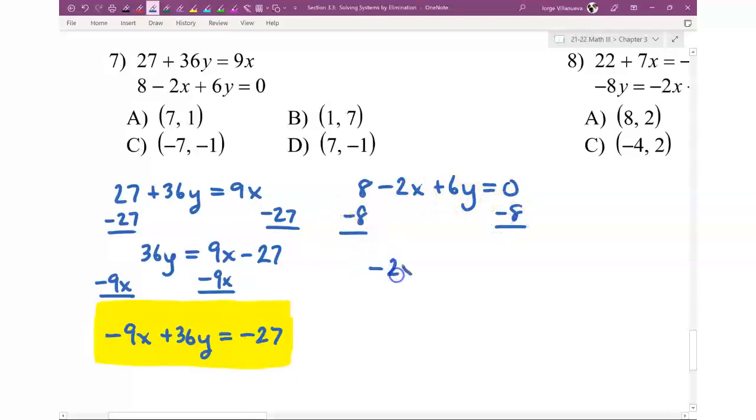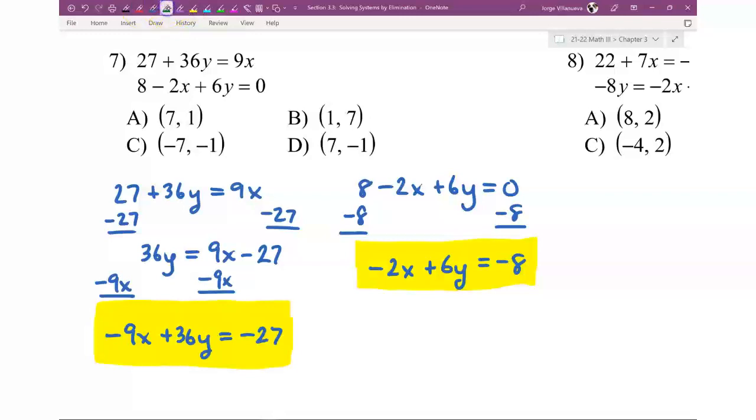So I get negative 2x plus 6y equals negative 8. And here's my other equation now. So now I can actually start doing the work. The first part was just fixing it so that I can actually do the work.